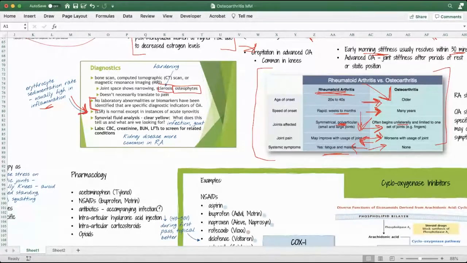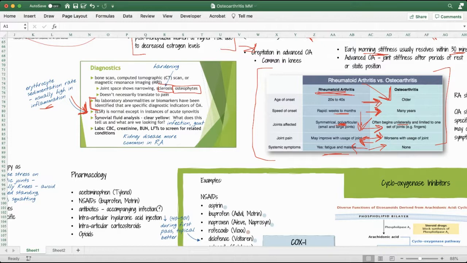Inflammation is one of those things that's really hard to pin down. It has a lot of different markers, so it's hard to say for sure, yes, this is an inflammatory problem. Again, you can have inflammation that's causing a problem, or inflammation as a result of a problem.